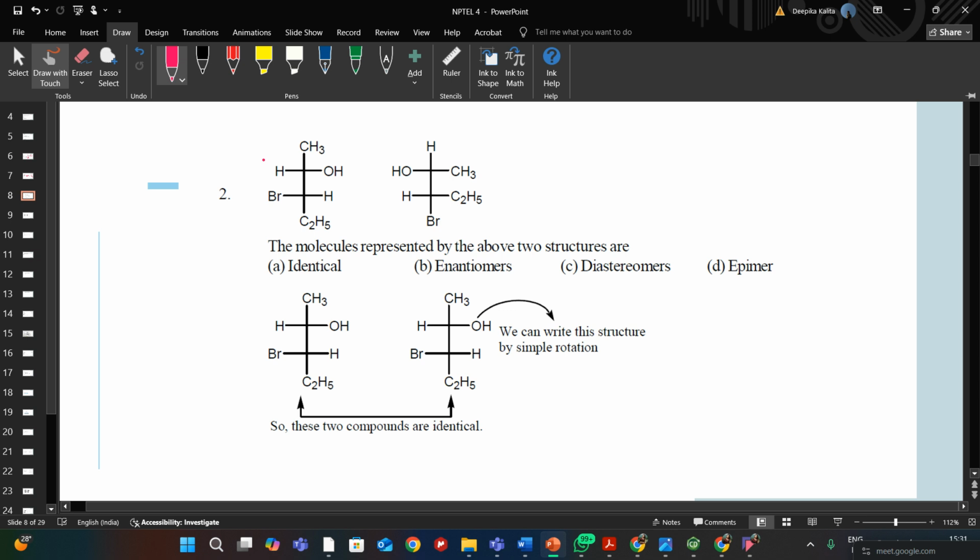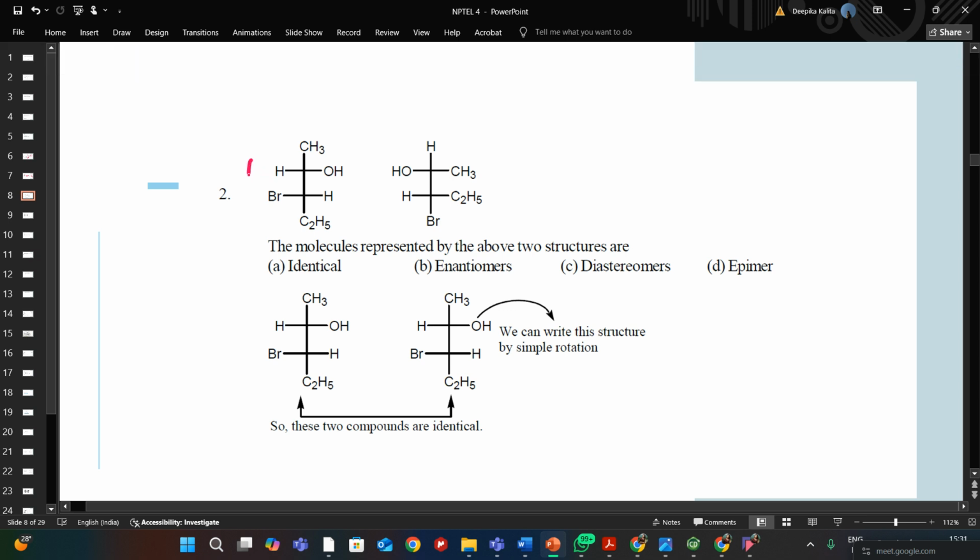For example, for this first molecule, if we assign the RS nomenclature, this particular chiral center will be 1, 2, 3, but the fourth group is horizontal, so it will be S.